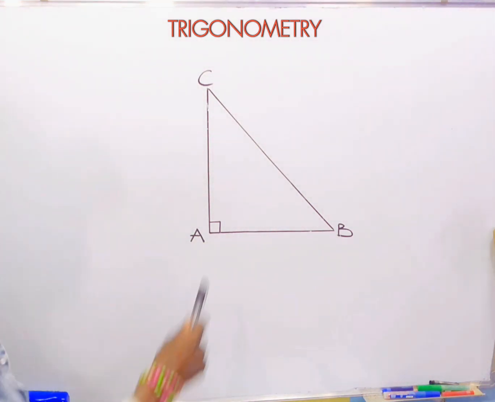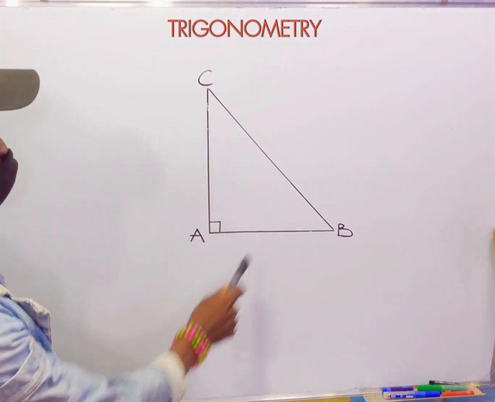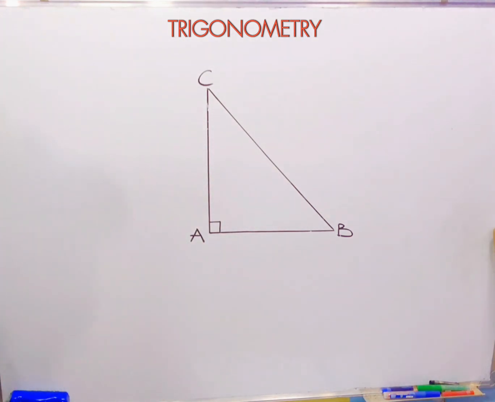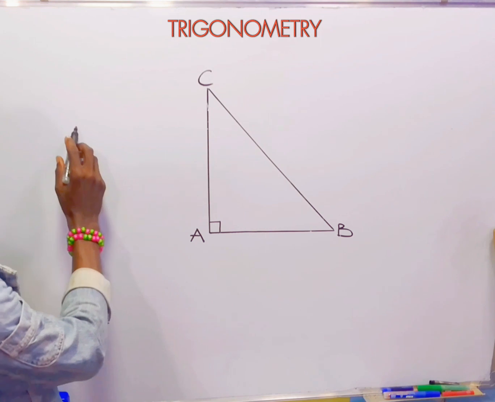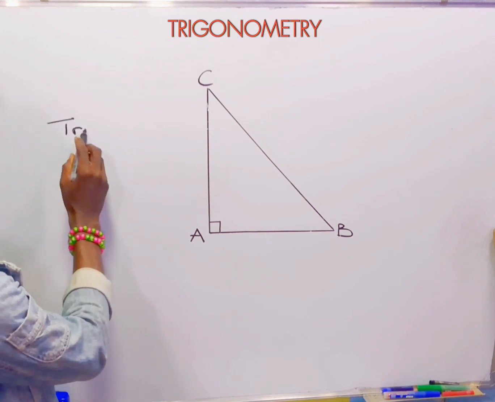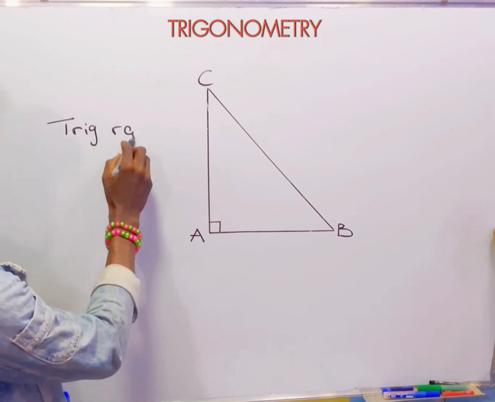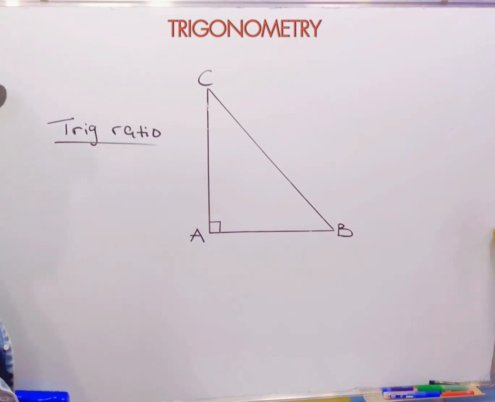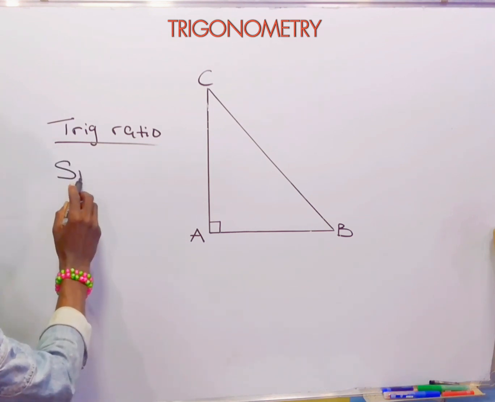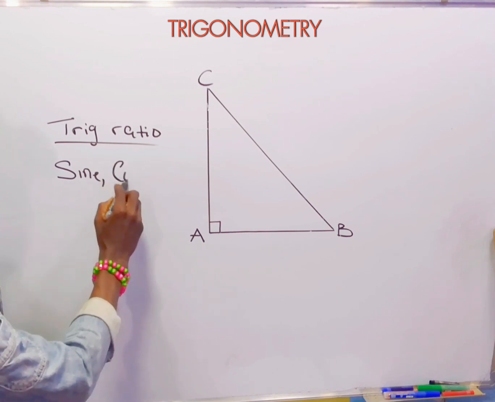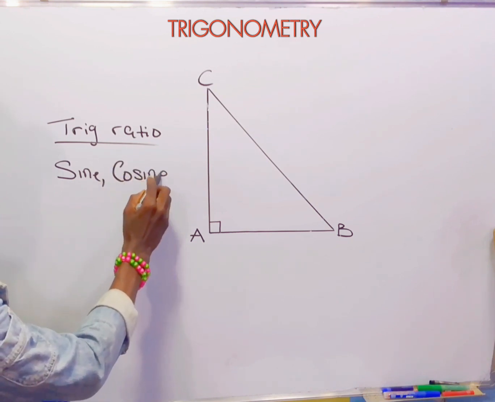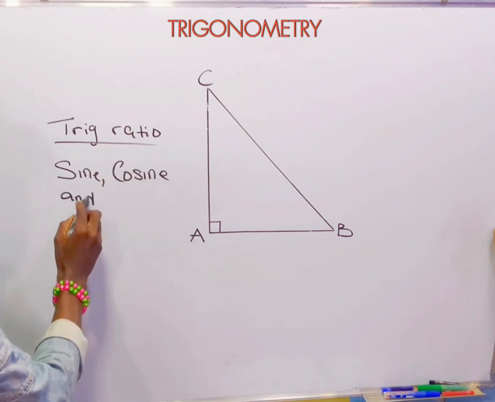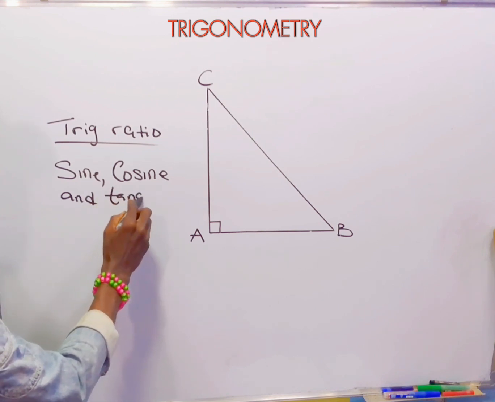The relationship between the sides and the angles of a triangle brings us to what we call trig ratio. Trigonometry ratio is simply the sine, cosine, and tangent.